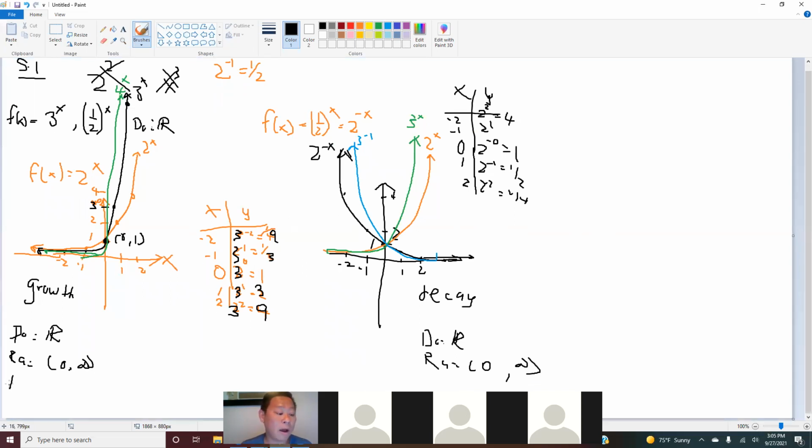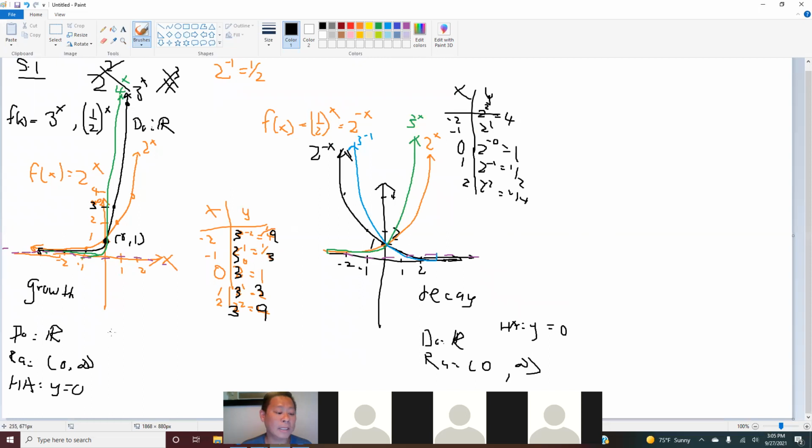It has a horizontal asymptote at y equals 0. If I want to figure out the asymptote, it's going to be this line, or this line. This also has the same horizontal asymptote, which is y equals 0.